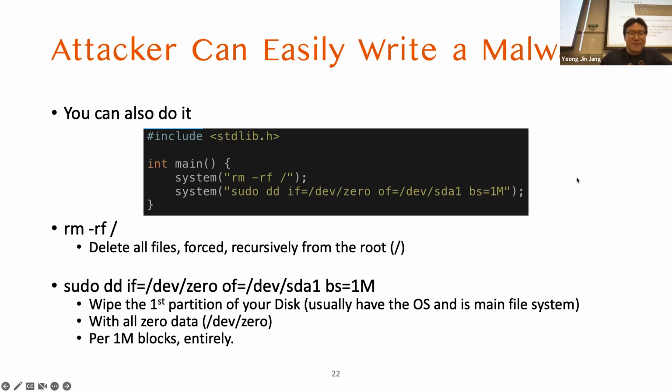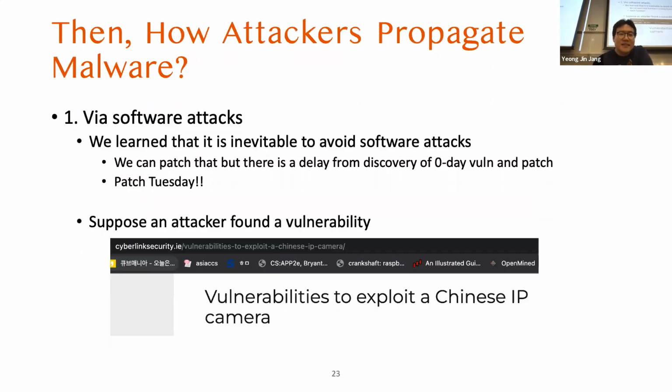But if you write this program and run it with antivirus, it will not catch this as malware at all. There's a limitation to that, and maybe let's discuss antivirus at the end of this lecture. I want to emphasize that writing the malware is very easy. The difficult part is how attackers can propagate malware to get an army of zombie computers.